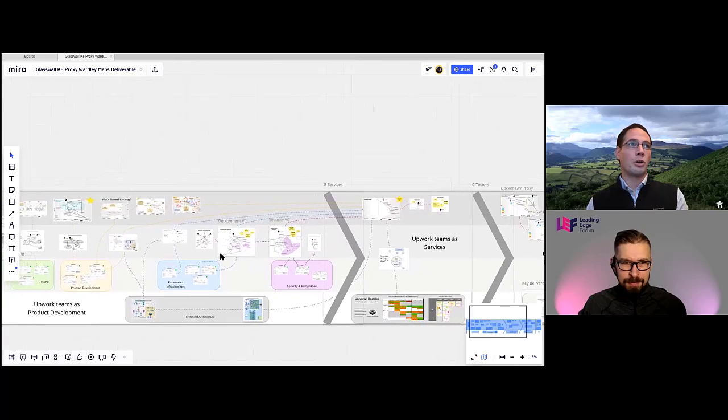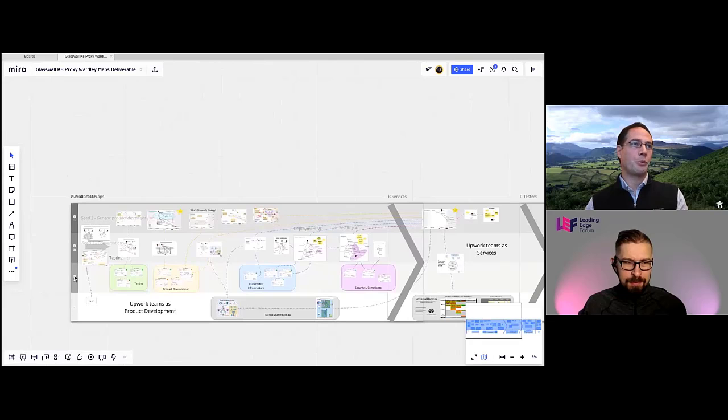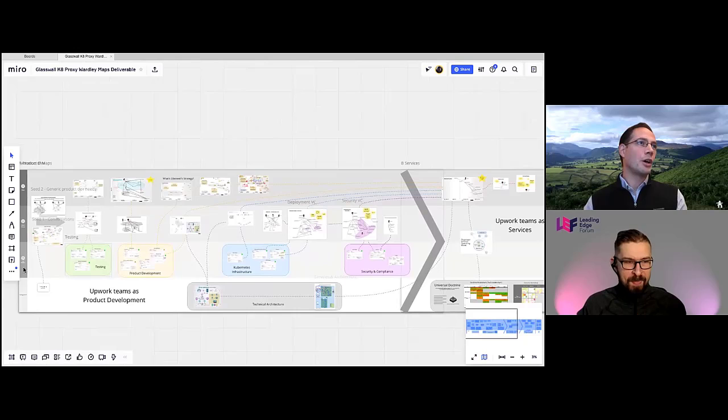Overall, we went through this three-step process, which I can show you in a bit more detail in a second. First of all, we did what I call 6 questions, asking teams who their users are, what their needs are, how they meet those needs, etc. We did workshops with each of the teams, and then we took the results and did more workshops to produce the first set of value chains.